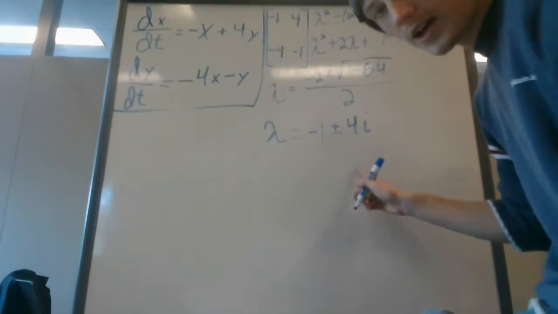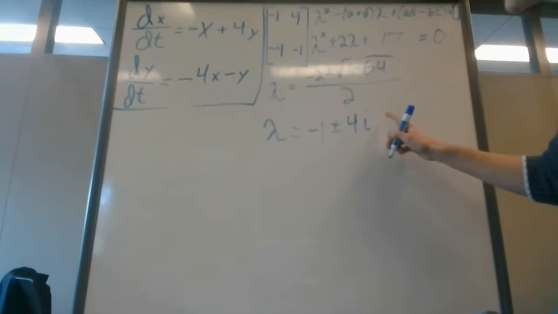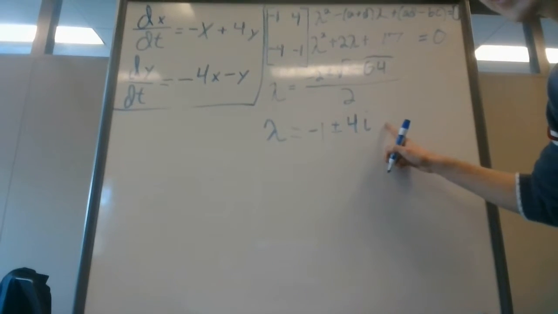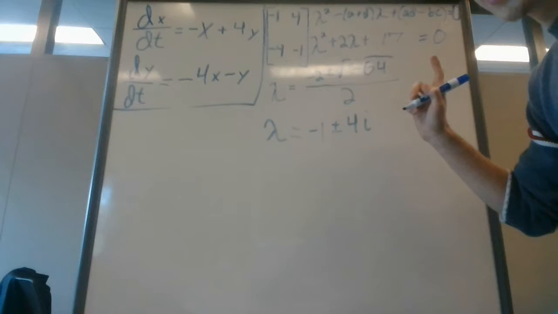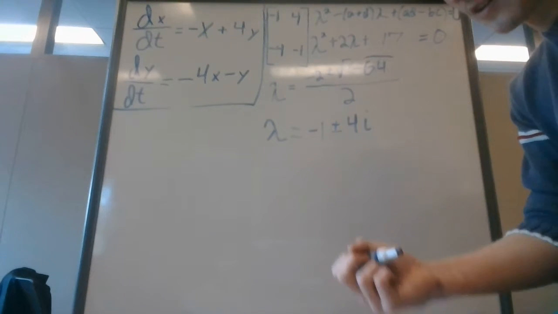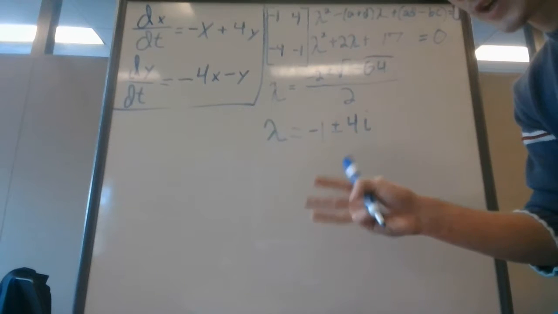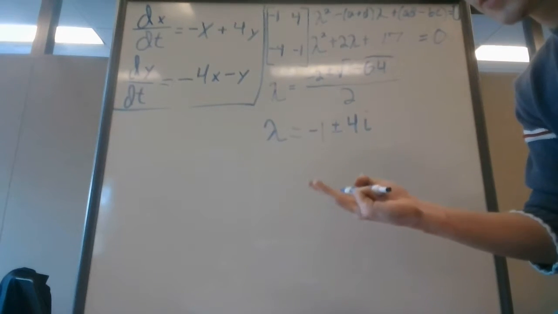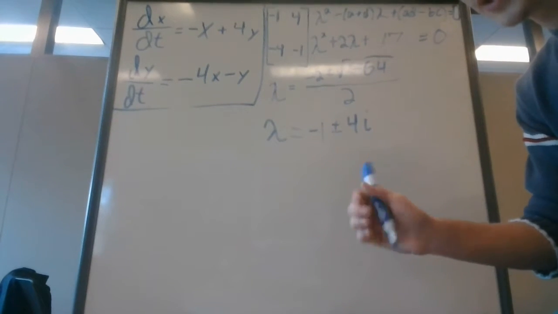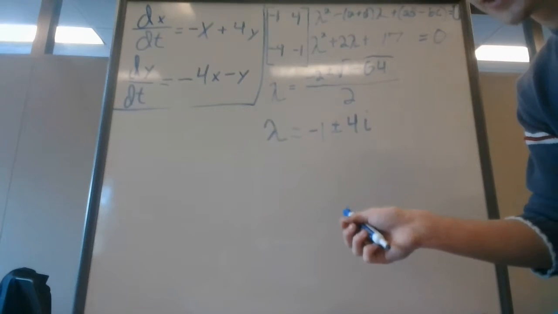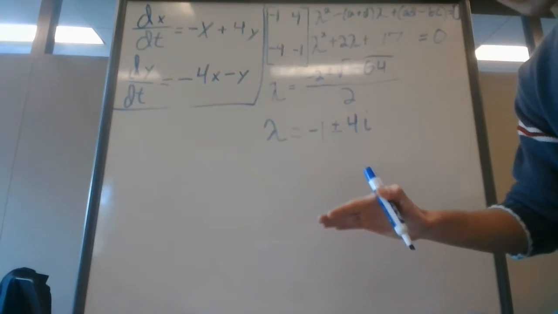So since we have an imaginary number, this means it's either a stable spiral, an unstable spiral, or a center. Since it's one of those three and not the others, we don't really have to worry about finding the eigenvectors.